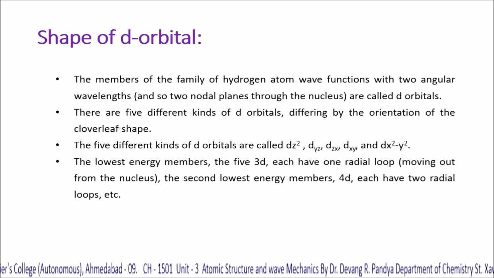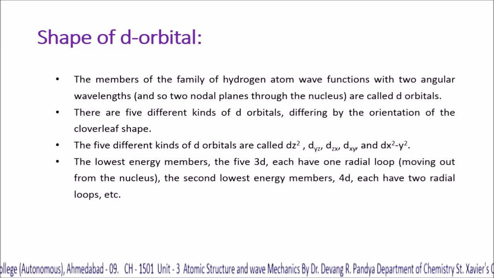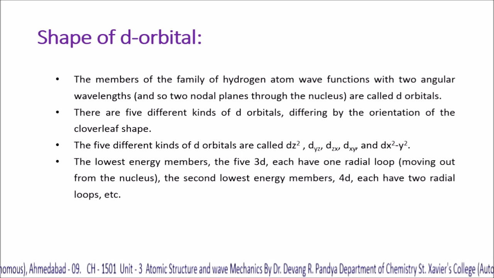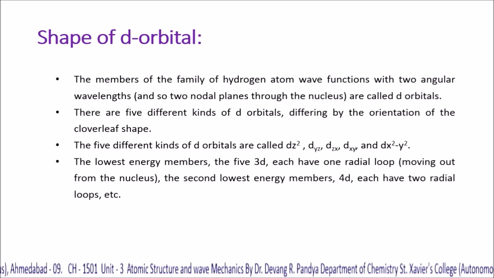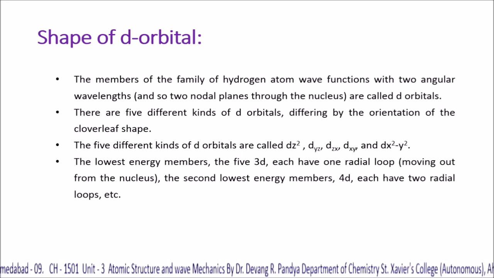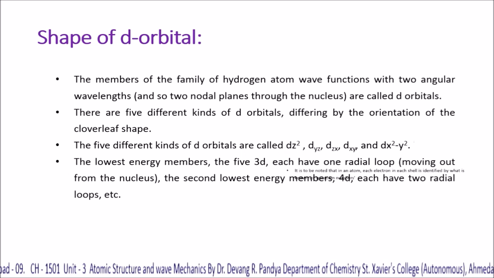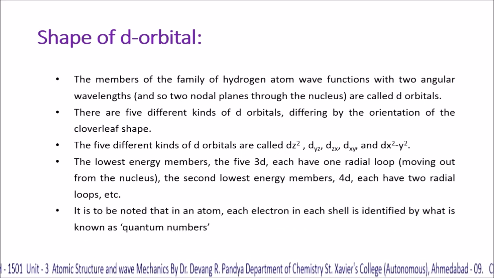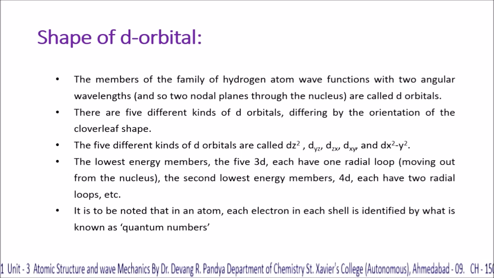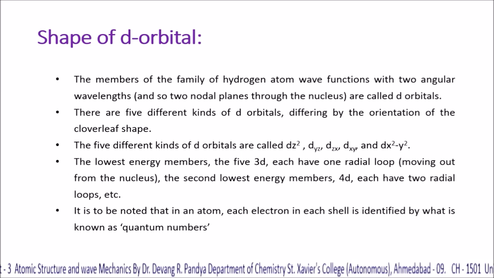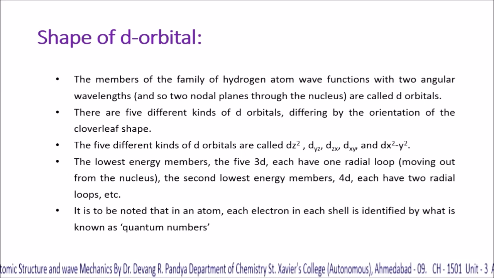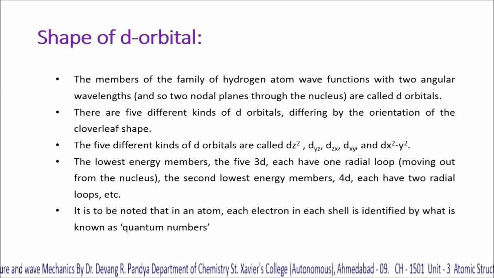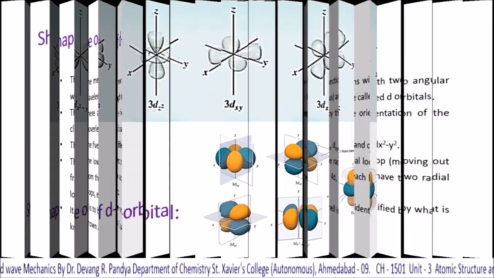The lowest energy members, the 3d, each have no radial nodes moving out from the nucleus. The second lowest energy members for d have one radial node, and so on. It is to be noted that in an atom, each electron in each shell is identified by what are known as quantum numbers.